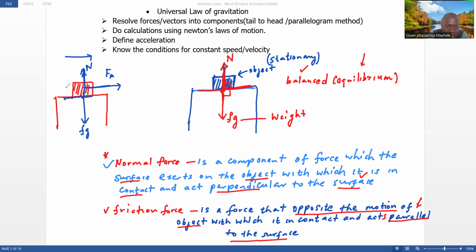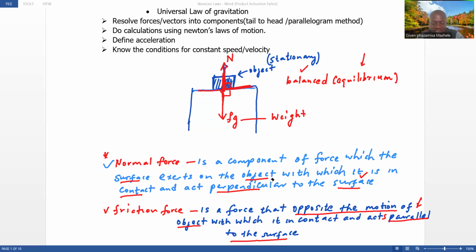And it must be in contact and it must act parallel to the surface. And that is called a frictional force. So a frictional force is the force that opposes the motion of an object with which it is in contact and acts parallel to the surface.